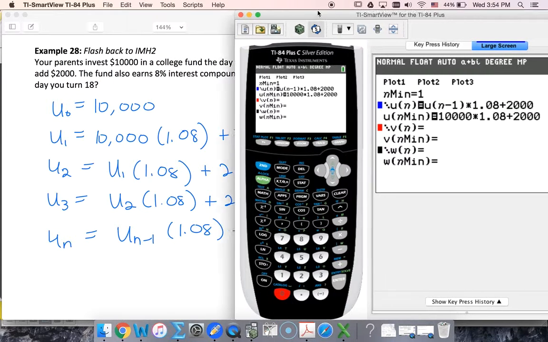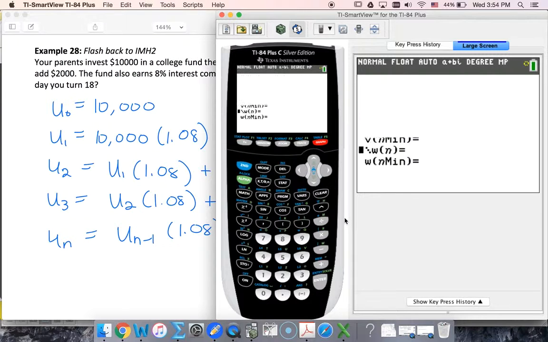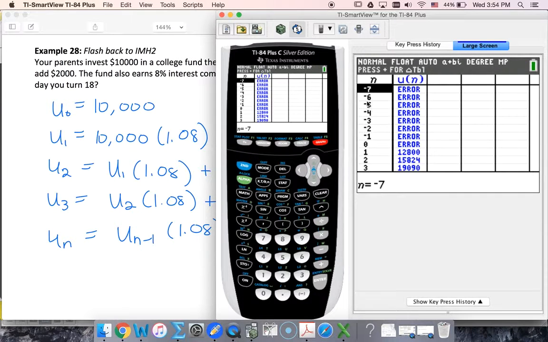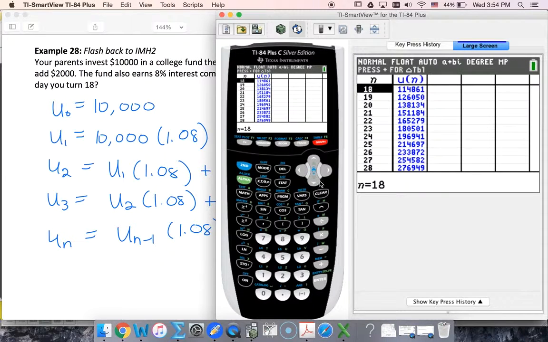Okay, so now I can come into my table. Notice I have started here with my table starting at -7. I really want my n value to be 18. So in table settings, let's go up to 18. So at the end of 18 years, here's my value.